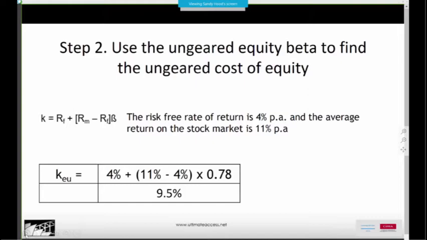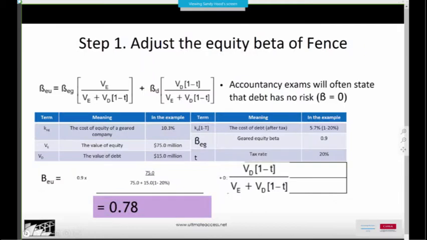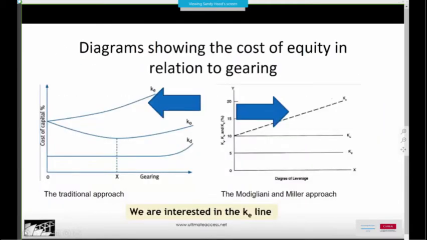this calculation of 9.5 is less than the 10. I think it was 10.3, isn't it, previously? Absolutely. Yes. And I'll show that diagrammatically here.